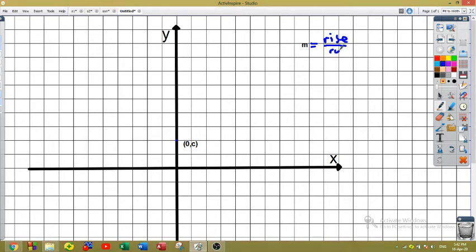Now here run is equal to 1. m can be any number, because we have m divided by 1 here. It means run is 1. Now I can go here, run 1, and m can be any number.